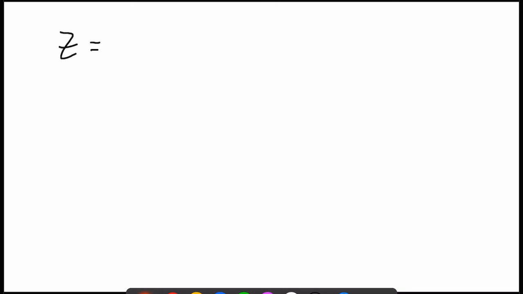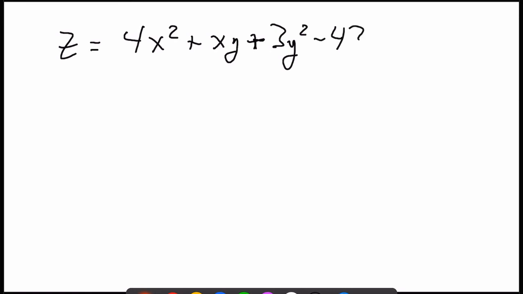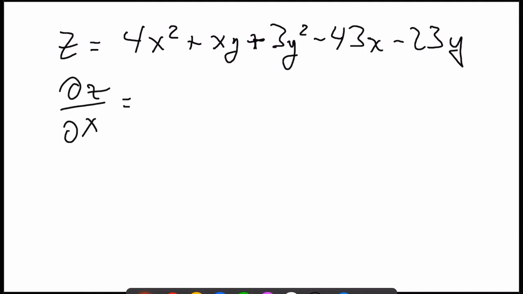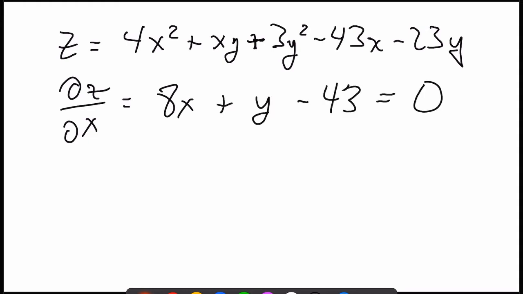Two variables. Y squared minus 43x minus 23y. Okay, so the partial of that with respect to x is going to be 8x plus y minus 43, and we're going to set that equal to 0.